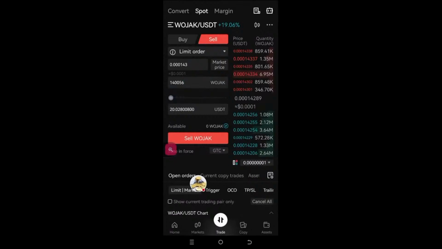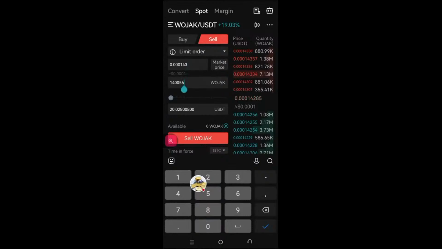That is nothing money. Okay. Let's remove all of these. So let's put 1415. Will it go to 15? I don't know. Let's put Wojak here. Okay. That's a lot of money. Let's see where it will go.